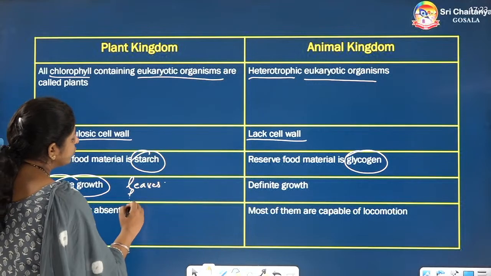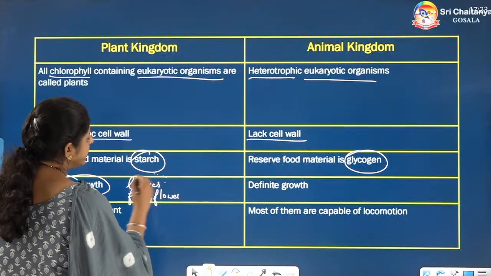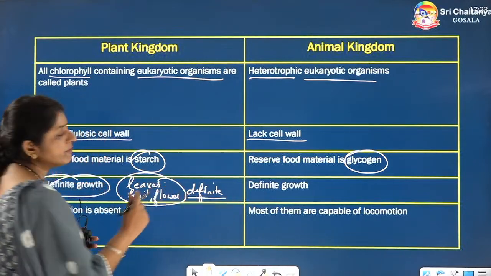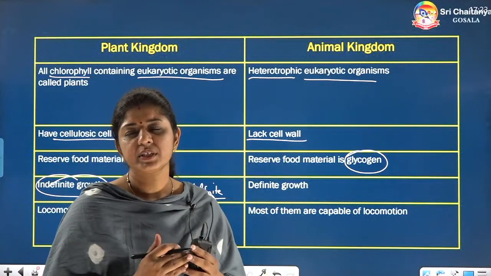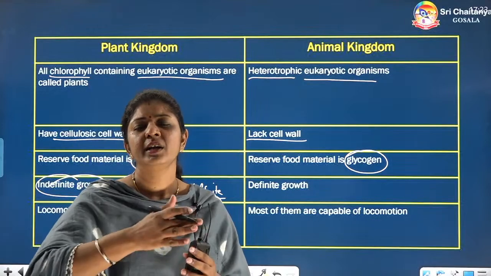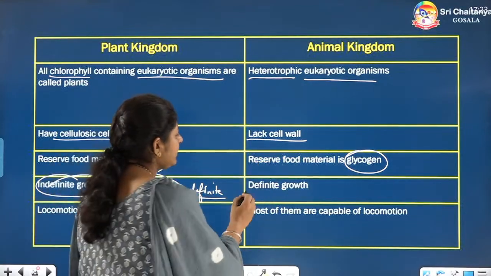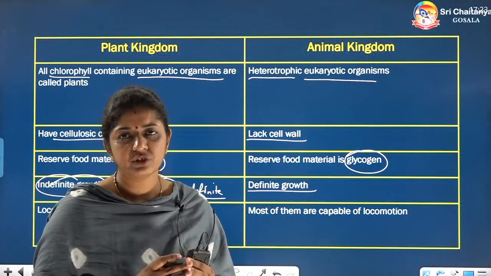Even if I am saying fruits are there, flowers are there, these are showing definite growth. Definite growth means they will stop after some time. But overall the plant is showing indefinite growth. Whereas animals will show definite growth because they will stop growing after certain age, right?